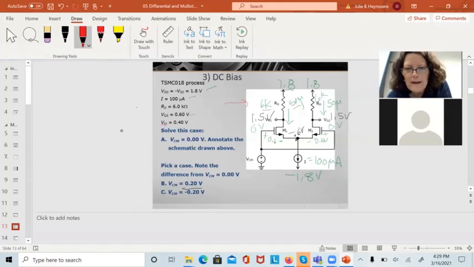The 1.8, the 6K, the 50 microamps doesn't change. The 1.5 volts doesn't change. The only thing it changes is this voltage right here, 0.2. Now I have 0.2 minus 0.6. This is going to go to negative 0.4 volts. The only thing V common mode is going to change is the VS of those two transistors.